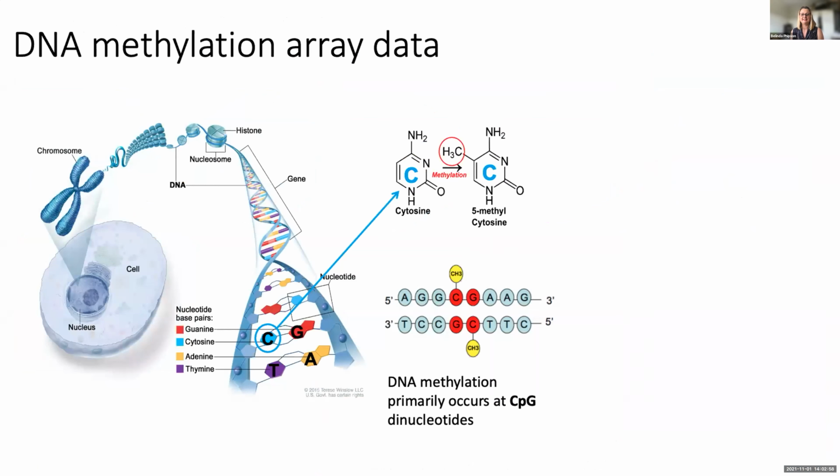So what is DNA methylation? DNA methylation is the chemical modification of the cytosine C base through the addition of a CH3 methyl group. It occurs primarily in the context of CG dinucleotides, and we call these CpG sites. So why is DNA methylation interesting? Well, it's essential for normal development, but it's also disrupted in disease, and it's really, really disrupted in cancer.